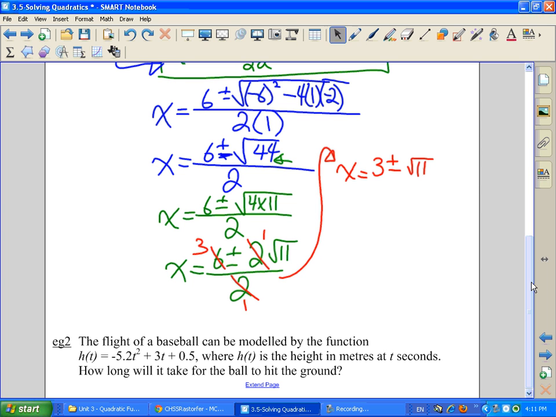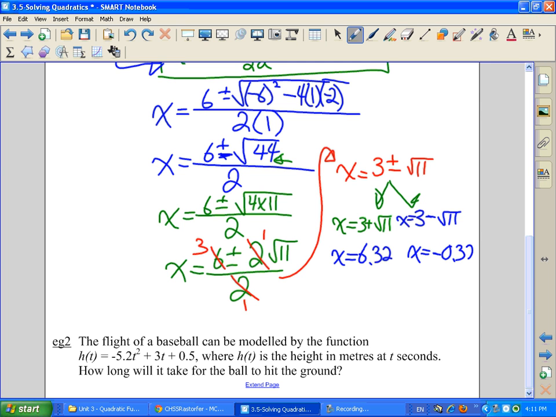So we break it into its two cases. Either x equals 3 plus root 11, or x equals 3 minus root 11. Plugging in your calculator, you should get answers of x equals 6.32 and x equals negative 0.32.